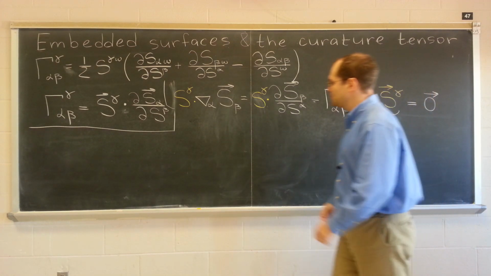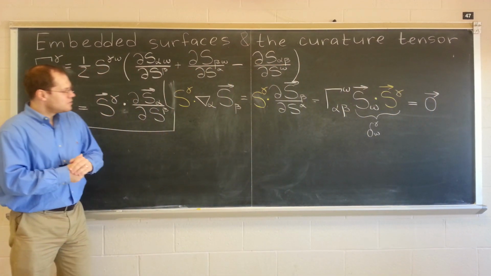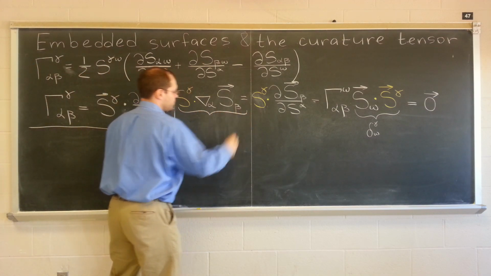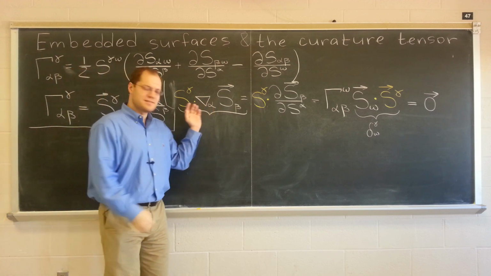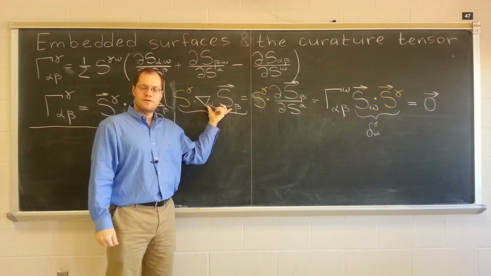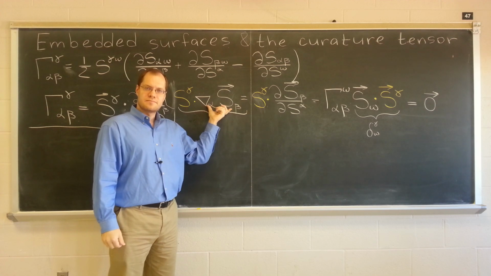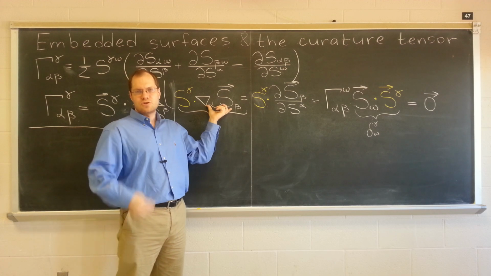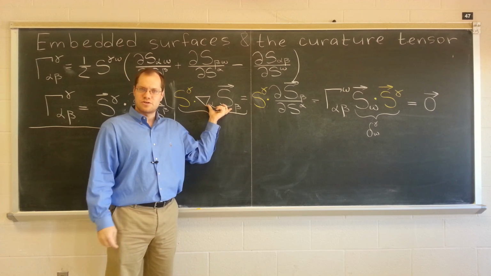So what's the conclusion? The conclusion, if we look at this, is to realize that what this identity is saying, this being 0, is that each one of these 4 vectors is orthogonal to the tangent plane. In shorthand, it's orthogonal to the surface.